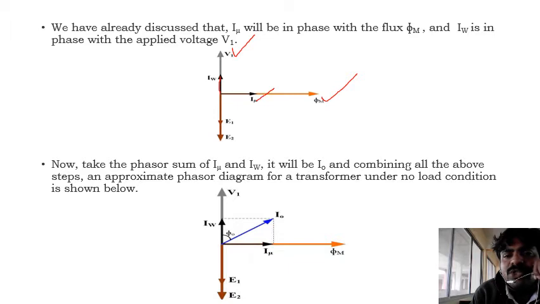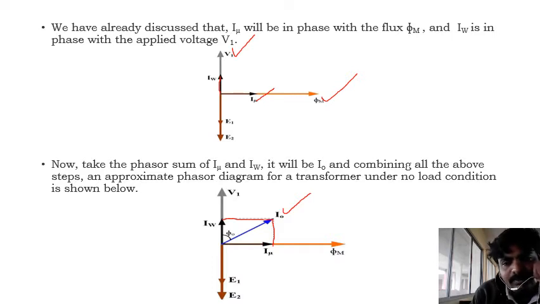These two phasors sum will give the no load component of current, which is represented as I0. How can this I0 phasor be drawn? You just draw one parallel line here, whose magnitude equals I mu, and draw one more parallel line from here, whose magnitude equals IW, and both will meet at a point.